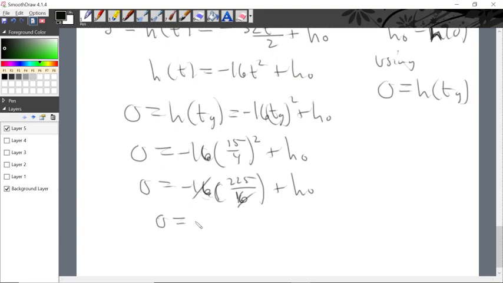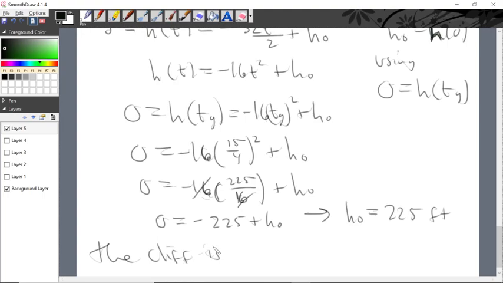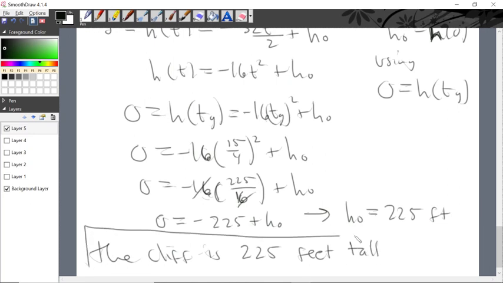So we get 0 equals negative 225 plus h naught. Therefore h naught is equal to 225. The initial height was 225 feet. Therefore the cliff is 225 feet tall. The top of the cliff is 225 feet from the bottom of the cliff.